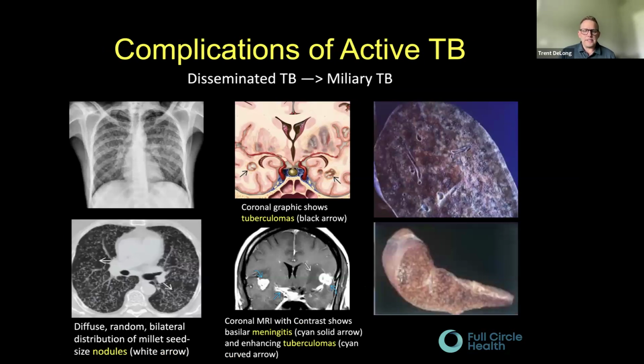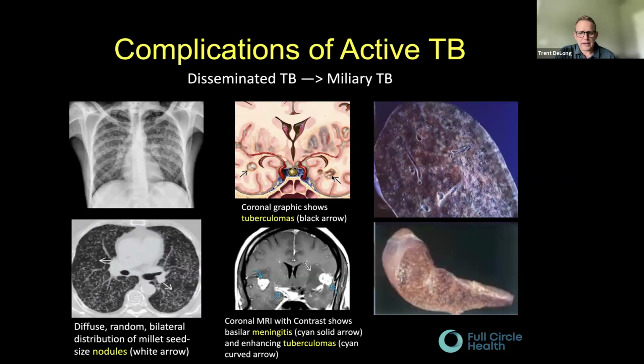Here's an instance of miliary TB, another complication of active TB. Here is an X-ray on the top left of the screen showing millet seeds on chest X-ray, and a CT scan cross-section showing that as well. Here's a cartoon graphic showing tuberculomas in the brain.